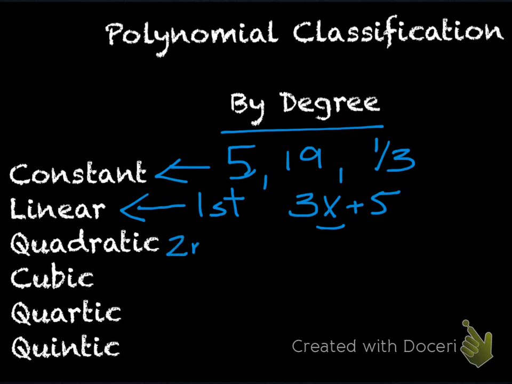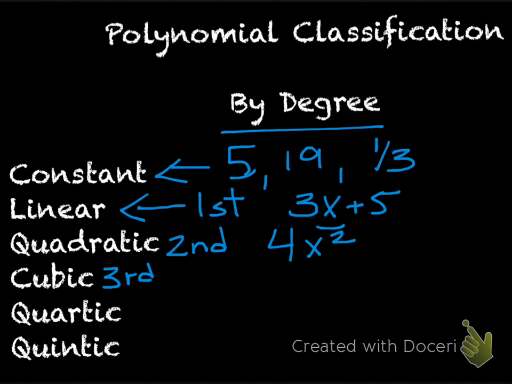Quadratic is a second degree polynomial. That means its highest degree is a squared term. For example, 4x squared. That's a quadratic polynomial. A cubic polynomial is a third degree. It means that its highest degree is a 3.